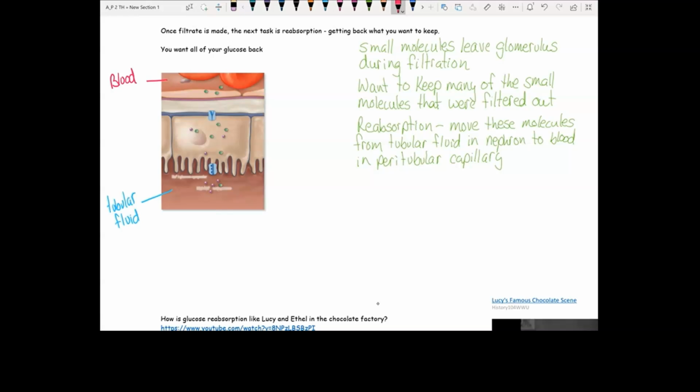And in this scenario, the molecule we're going to move is glucose. So all these little green things here are glucose. So we have glucose in the tubular fluid, and we want to move it back into the blood. The blue things here are transport proteins.